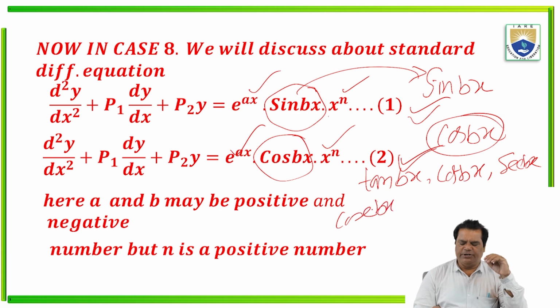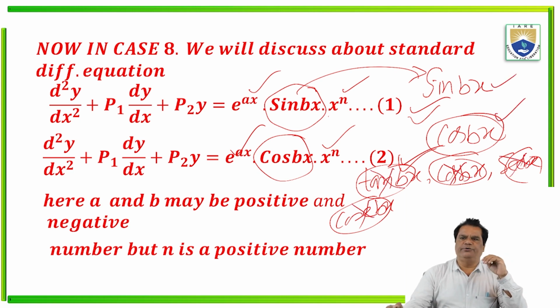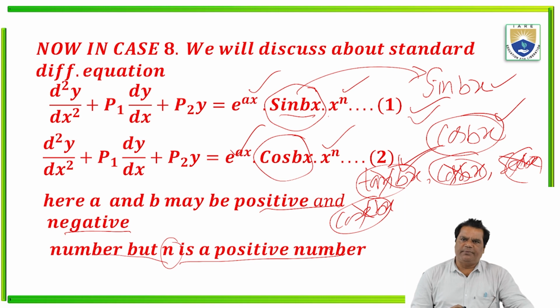These functions are not allowed here, but these two functions are allowed. Here A and B may be positive or negative. A is the number in the exponential, B is the number in the trigonometry, and N is the number in the algebraic function. So N is a positive number.